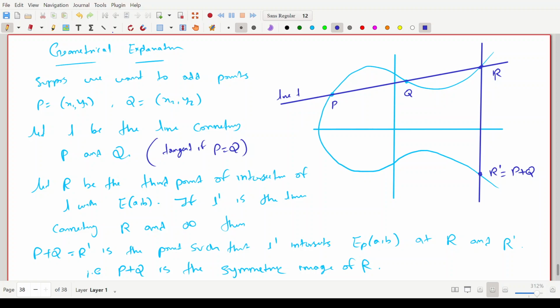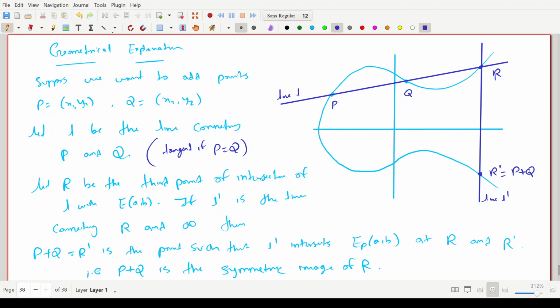This is what I have written. Let R be the third point of intersection of L and E_p(a,b). This is R, and this is the line L dash, the line connecting R to infinity. What is infinity? Infinity is on the top.